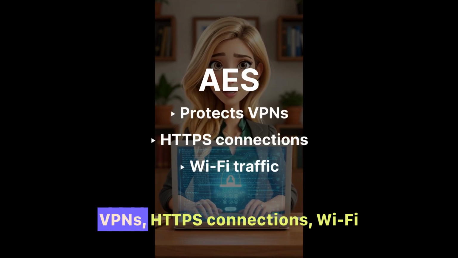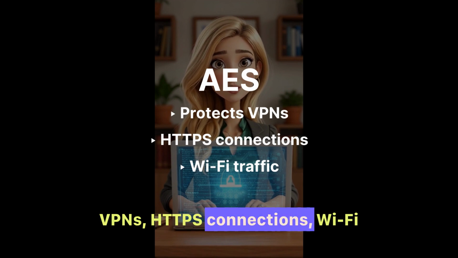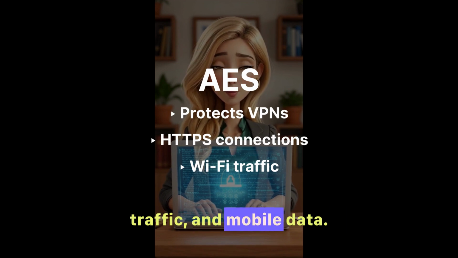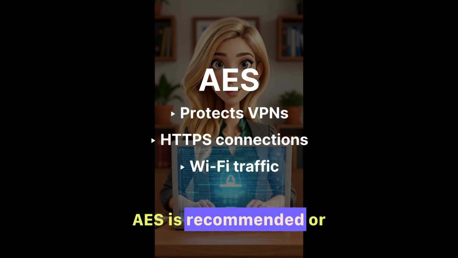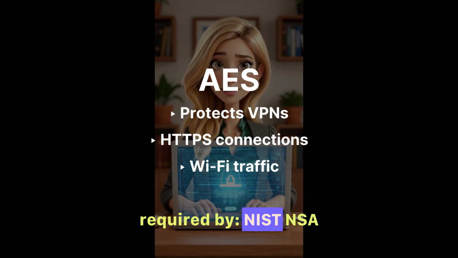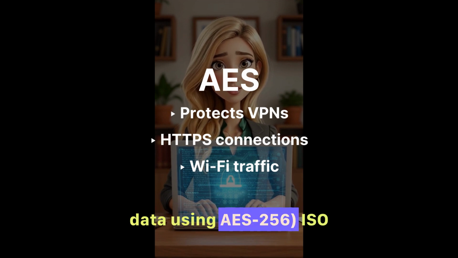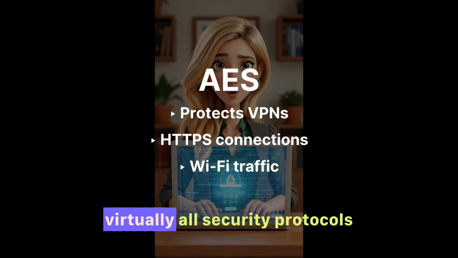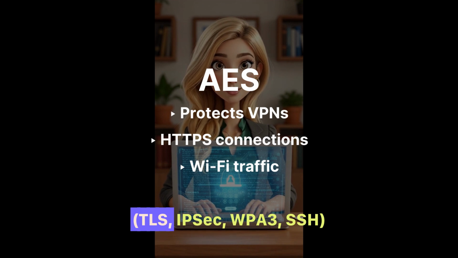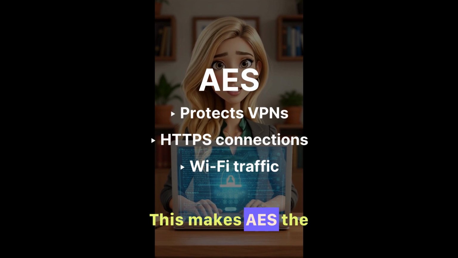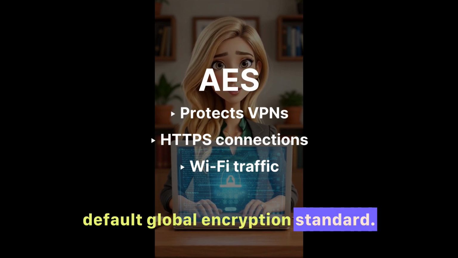It protects our VPNs, HTTPS connections, Wi-Fi traffic, and mobile data. AES is recommended or required by NIST and NSA, even for top-secret data using AES-256, and by virtually all security protocols: TLS, IPsec, WPA3, SSH. This makes AES the default global encryption standard.